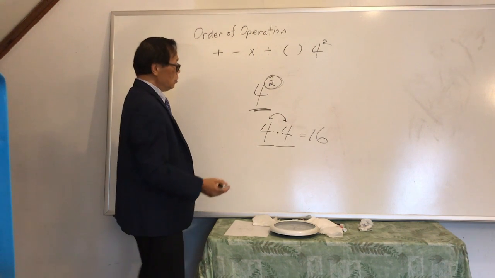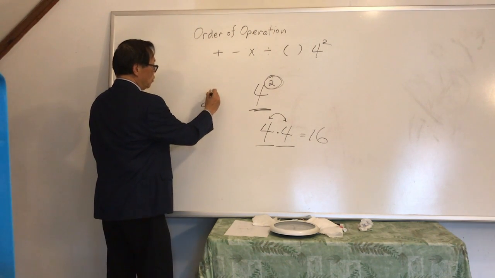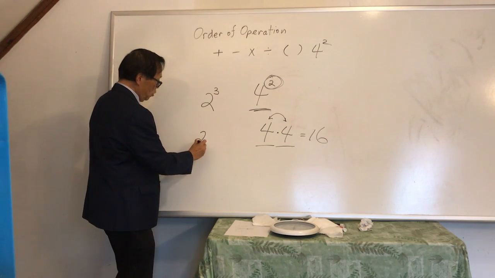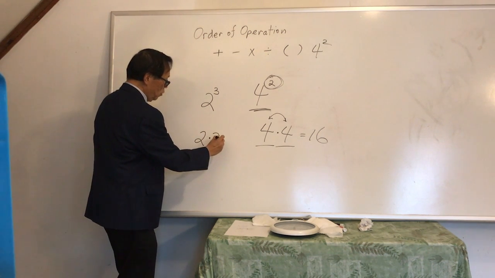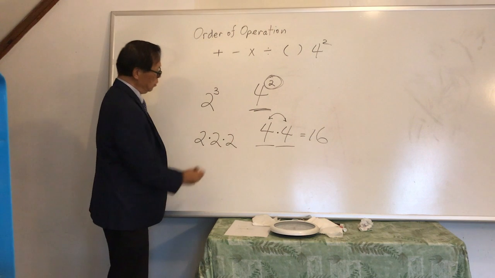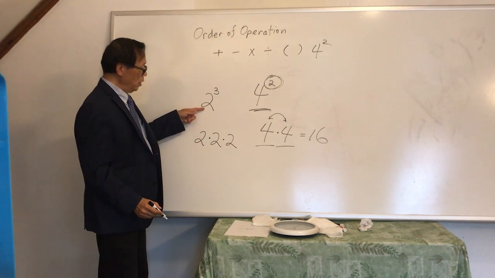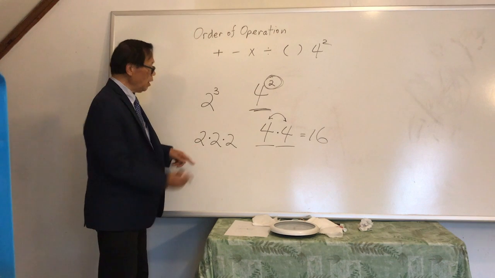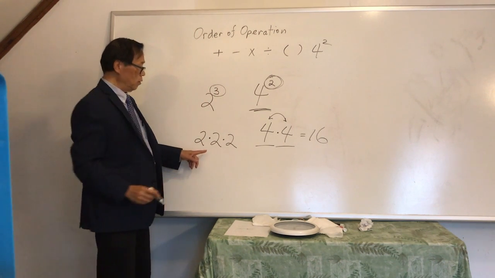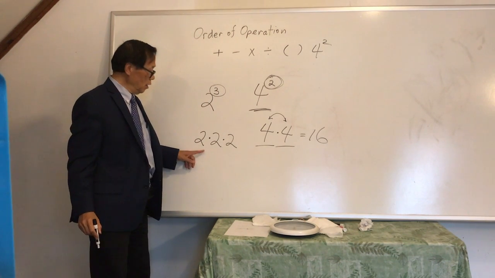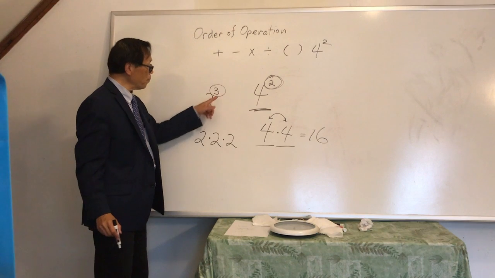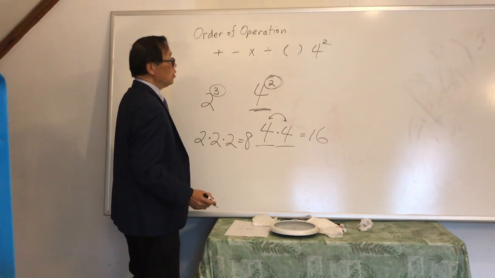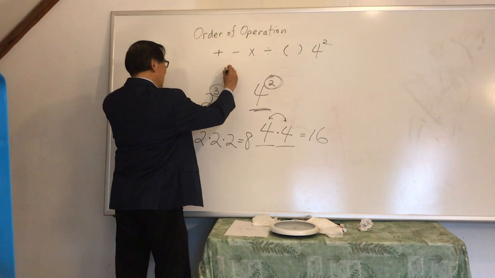Okay? So what about this? 2 to the 3rd power. This means 2 times 2 times 2. Always use the same base. How many of them you multiply is the number that indicates it. 2 times 2 times 2, there's 3 of them. So this is going to be 8.